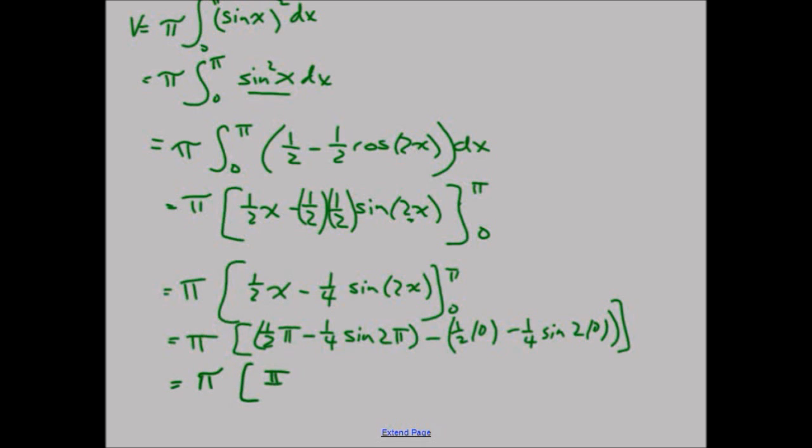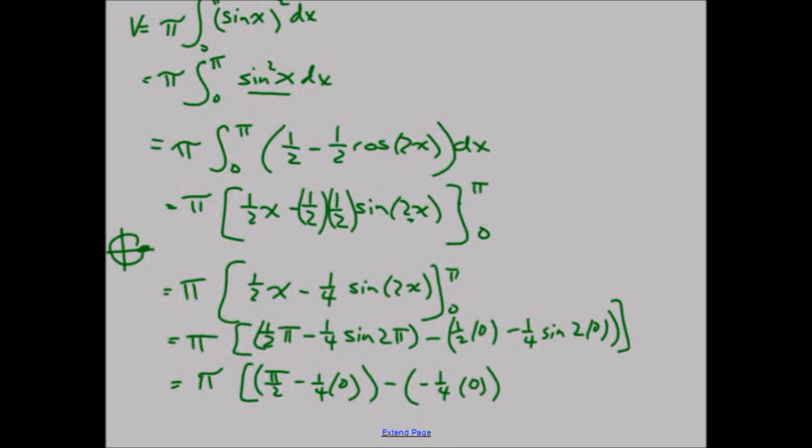So pi over 2, subtract 1/4 sine of 2 pi on our unit circle. 2 pi is all the way around, sine is 0 there. Subtract 1/2 times 0, 0. Negative 1/4 sine of 2 times 0 is sine of 0. Sine of 0 is also 0.